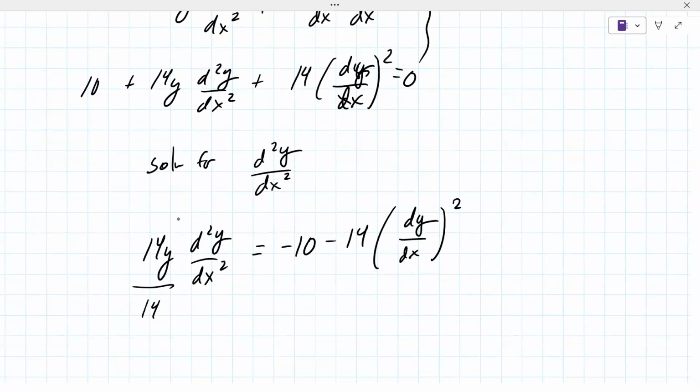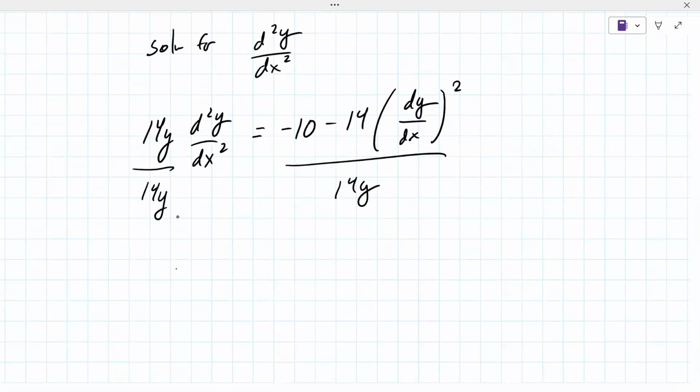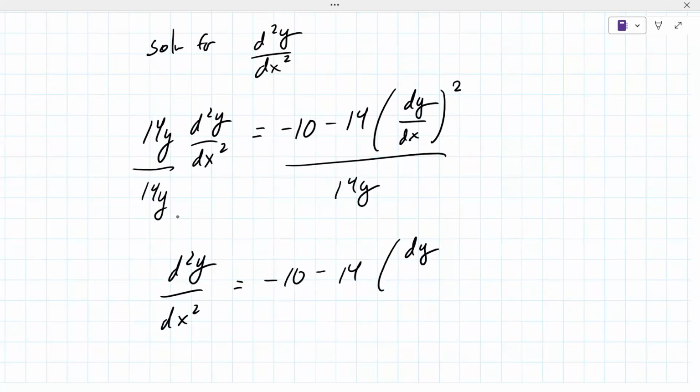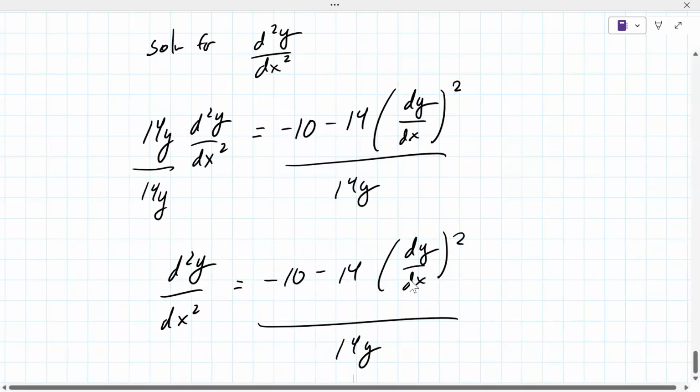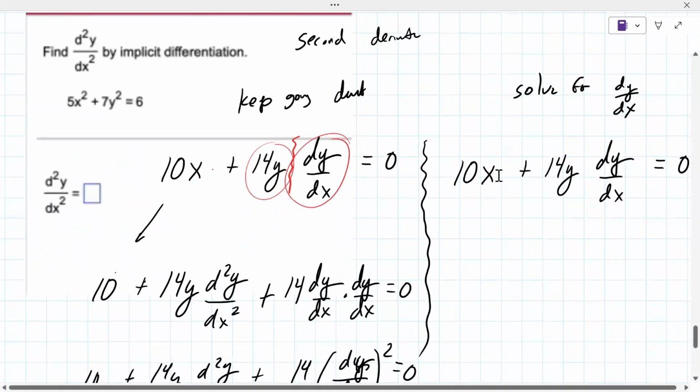And you divide both sides by 14y. The d squared y over dx squared equals minus 10 minus 14 (dy/dx) squared, over 14y. And you might think, well, we're done, but we're not. We need to figure out what this dy/dx is. So that comes from all of this up here.